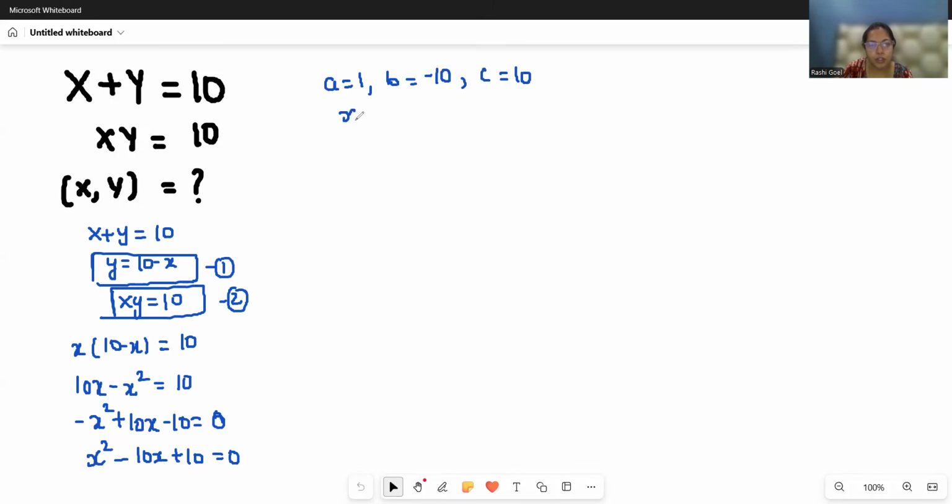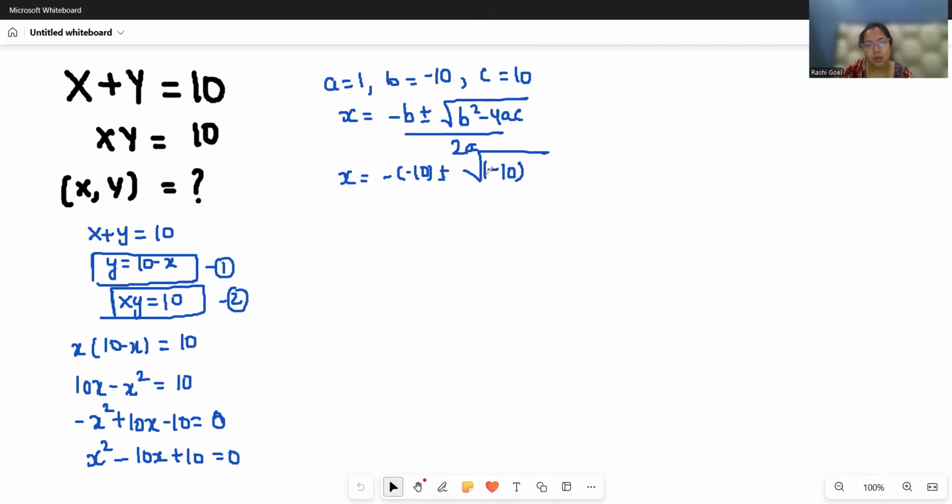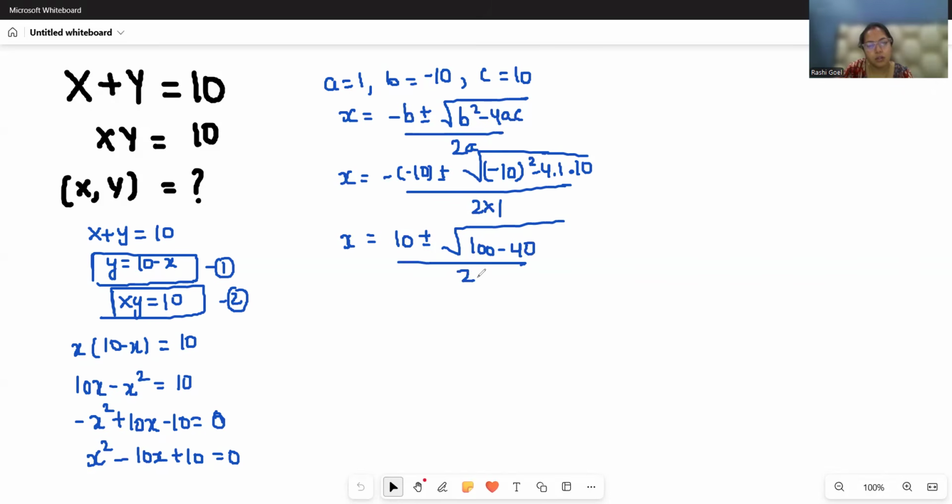So our quadratic formula is minus b plus minus under root b square minus 4ac by 2a. So x equal minus minus 10 plus minus under root minus 10 square minus 4 times 1 times 10 by 2 times 1. So x is equal to 10 plus minus under root 100 minus 40 by 2.